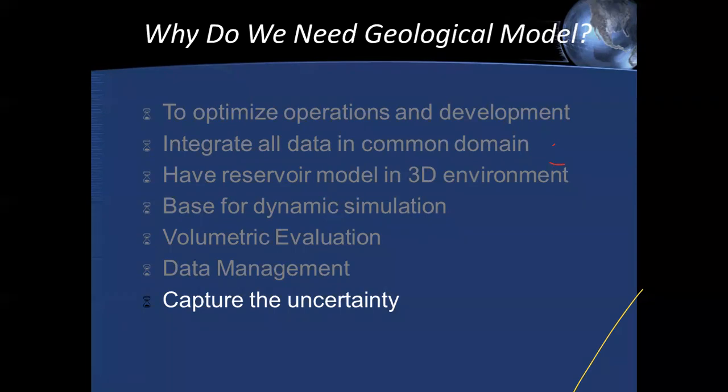If it is 3D seismic, then the issue is vertical heterogeneity, because every 30 meters you have one signal of the seismic, and your reservoir is sometimes even thinner than 30 meters. So our knowledge, our measurement is limited.